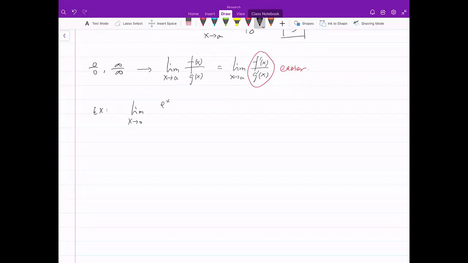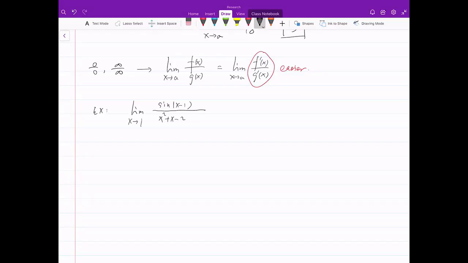Hold on, give me a second. Sine, x goes to 1. How do you handle this?